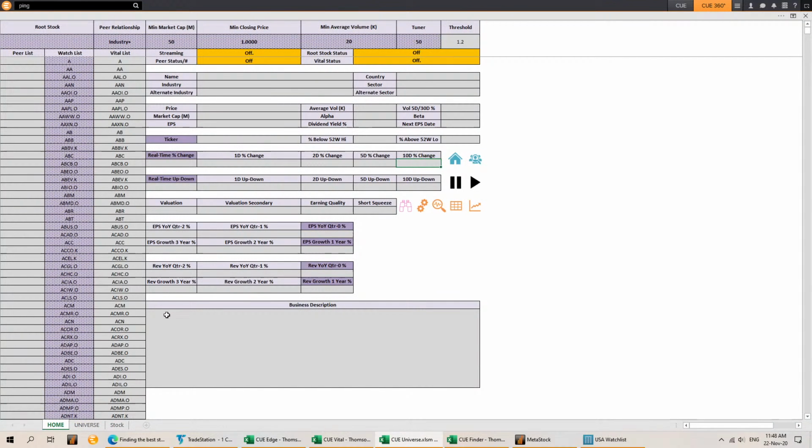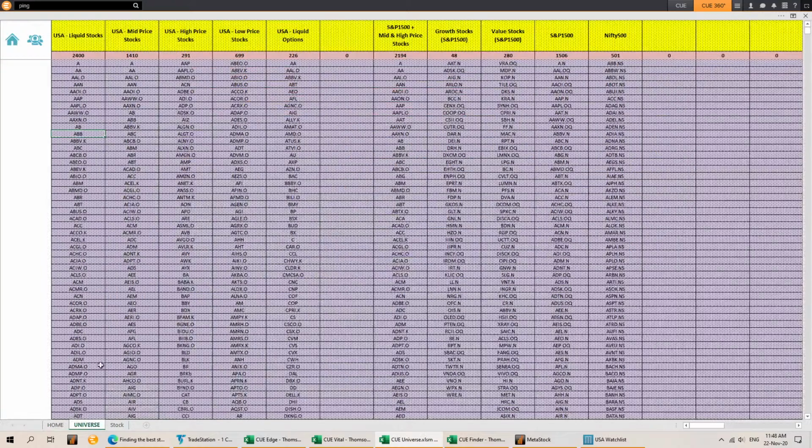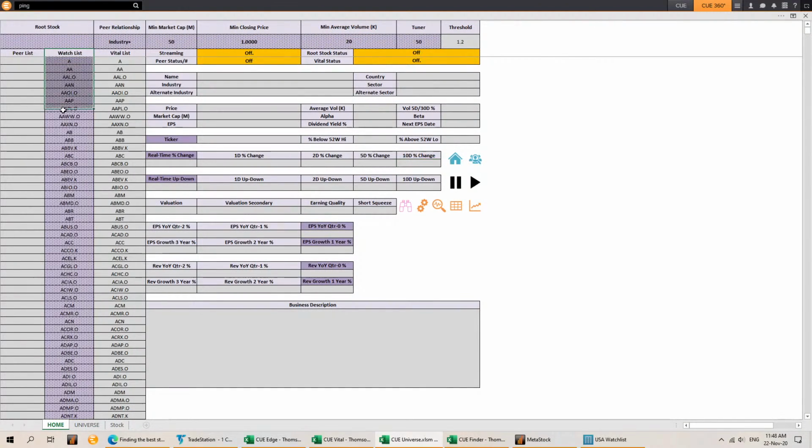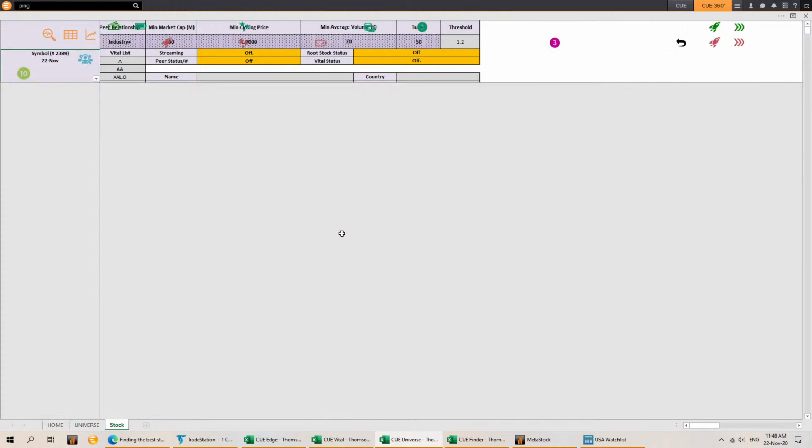In Q Vital or Q Universe, which is a replica of Q Vital, I tend to look at the liquid stocks, which has about 2,400 companies. In real time, I bring them to the watch list and calculate a scorecard.